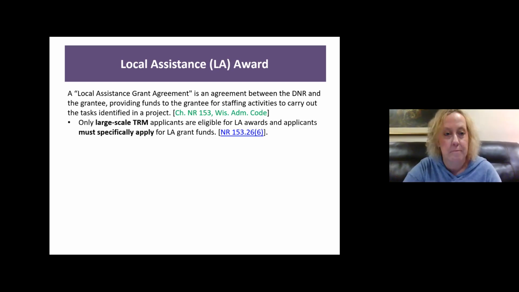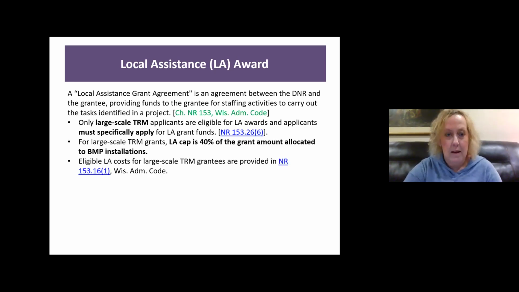And this type of funding is providing the grantee with funding for staffing activities to carry out the tasks of their project. Currently, only large-scale TRM grant applicants are eligible for local assistance awards, and they had to apply specifically, as you know, for those of you that receive it, you had to apply specifically for those grant funds in your grant award. And for the large-scale TRM grants, the local assistance cap is now 40% of the grant amount allocated to BMPs.